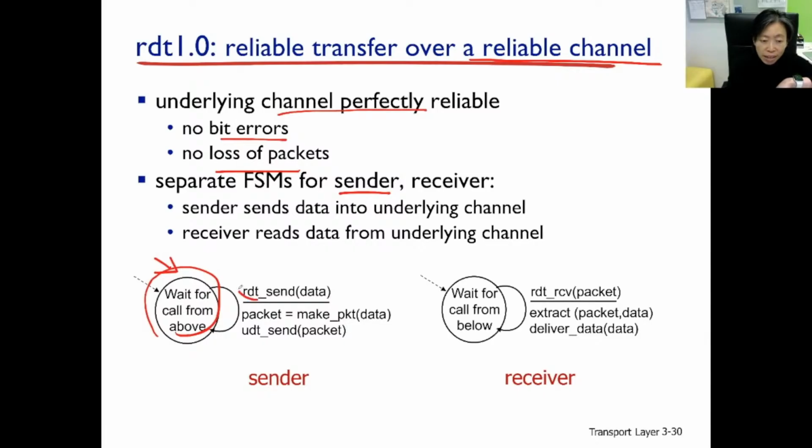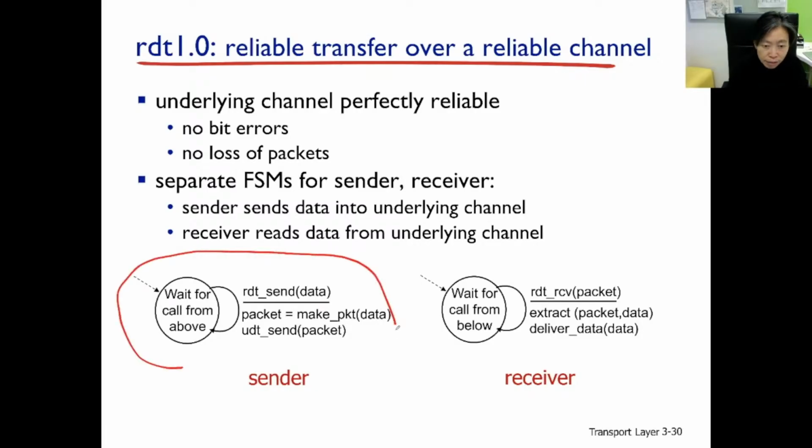The call from the application at the sending process is RDT send. When you run into this event, the sender generates a packet out of data. Data is the thing coming from the application, and the packet is generated to be pushed down. To push it down, we call UDT send. So this is the FSM at the sender side.